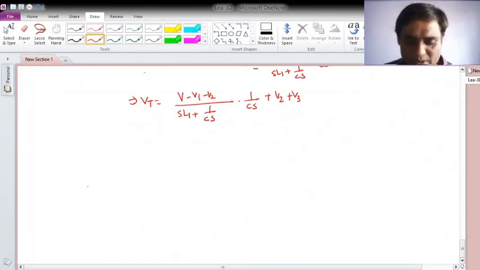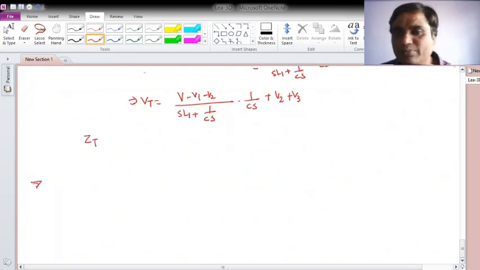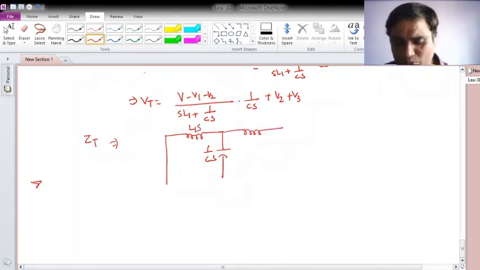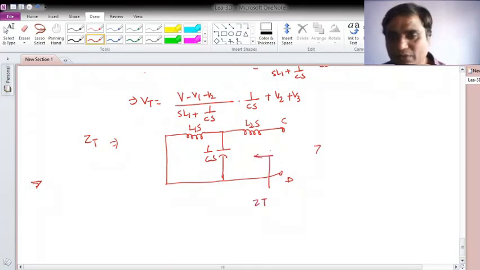Now next calculate the Thevenin's impedance, that is ZT. To compute this, I will inactivate all the sources, so the voltage sources are nullified. Then there is the inductance L1, which is SL1, then the capacitor 1 over CS, and one more inductor L2, which is SL2. This is terminal AB, CD we named it. So what will be ZT?